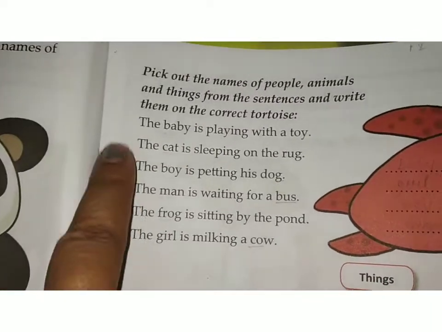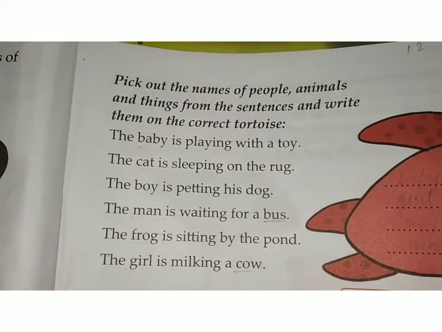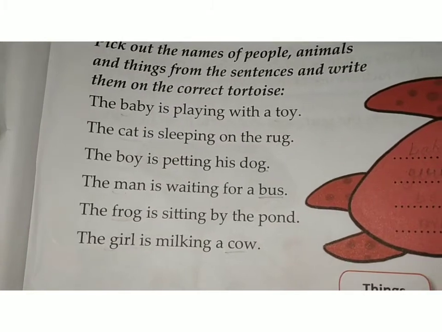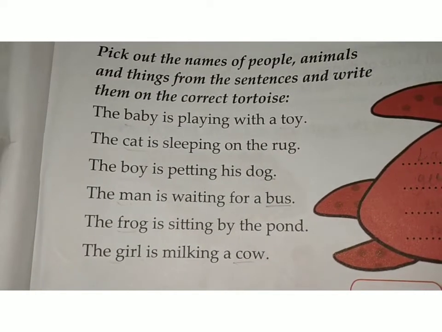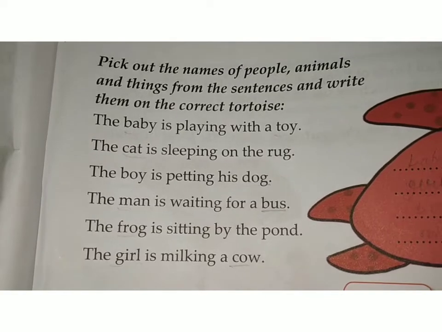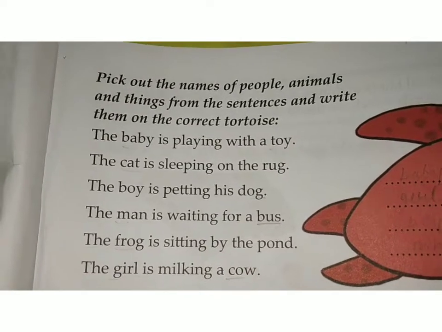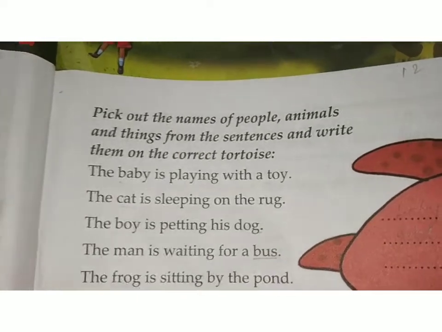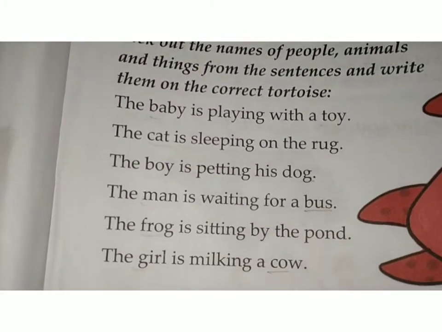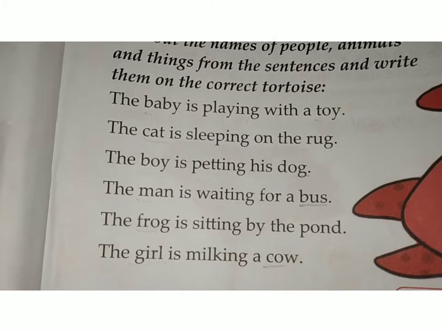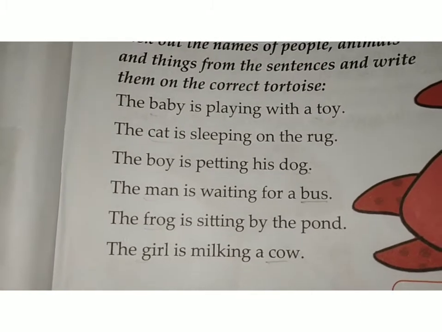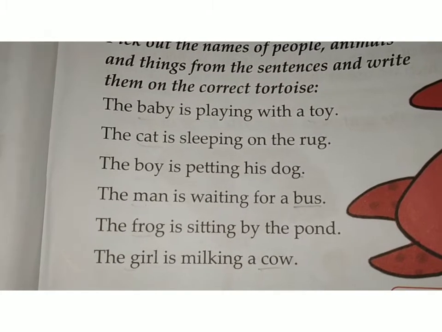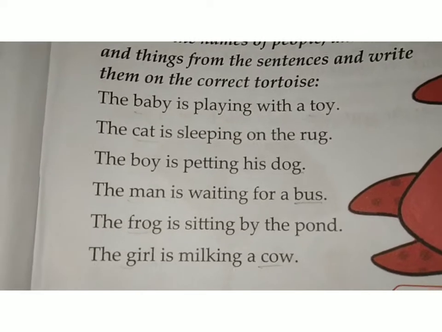First one, the baby is playing with a toy. First we will read all the sentences, then we will find out the living and non-living things from these sentences. Okay, the baby is playing with a toy.